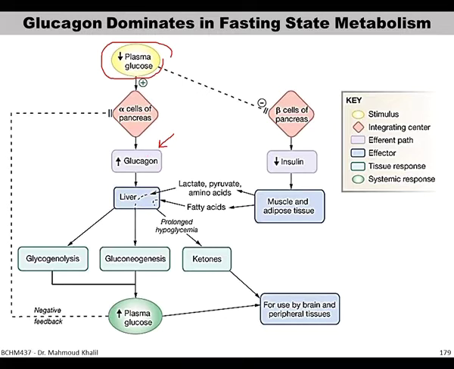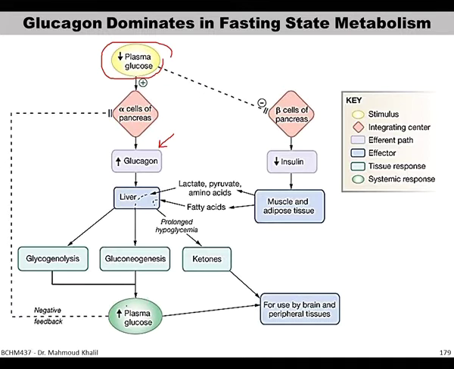This in turn will affect the liver to do three processes: glycogenolysis, gluconeogenesis, and formation of ketones, as long as there is a prolonged hypoglycemia. That means the blood sugar levels are very low for a long period of time. All these processes will end up increasing the plasma glucose level.